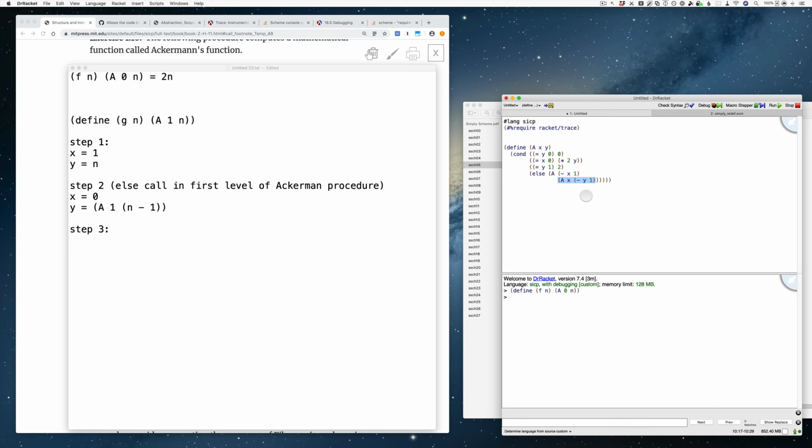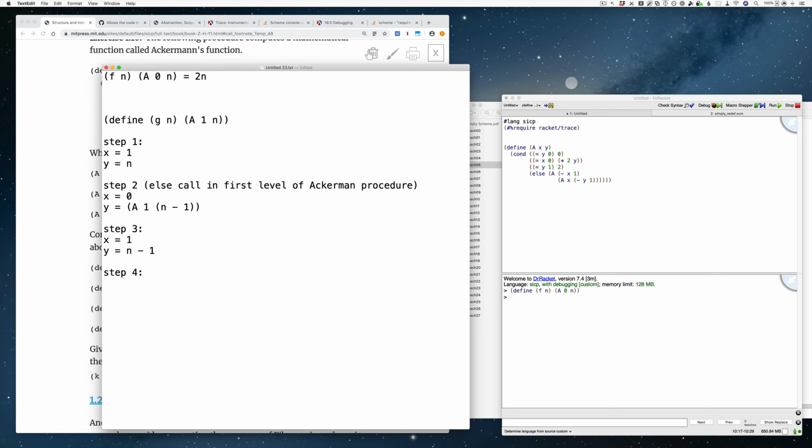We need to go another level deep. And so you see this recursive call is going to use the current x, which is 1, and then y minus 1, which will be n minus 1. And this x and this y don't hit on any of our conditions. Then we go to another nested recursive call in the else.